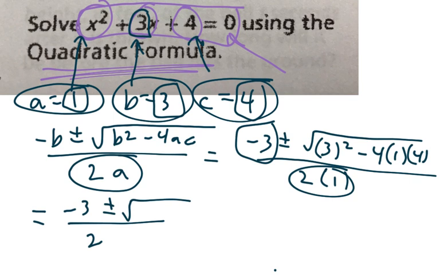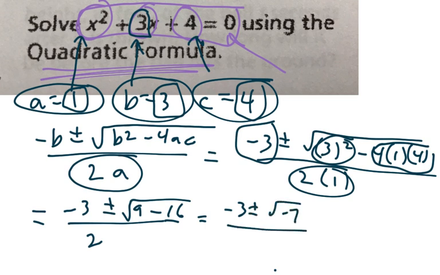Just a recommendation, I always save the square root for last. Just my preference. Now, 3 squared is 9, and I'm minusing 4 times 1 times 4, which is 16. So notice I end up with the square root of a negative, and we should know you cannot take the square root of a negative number. That is a complex number.